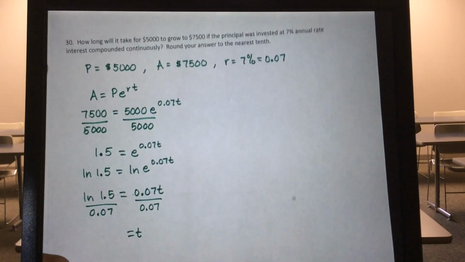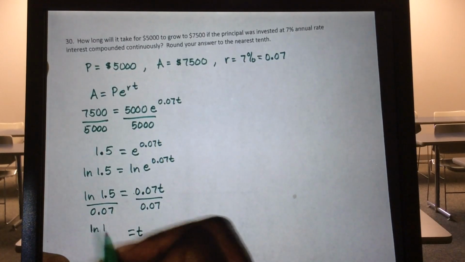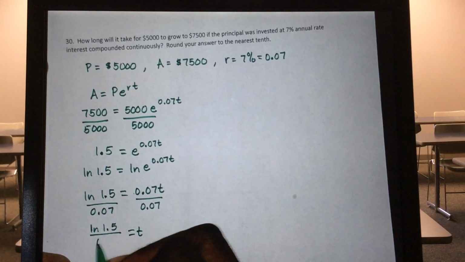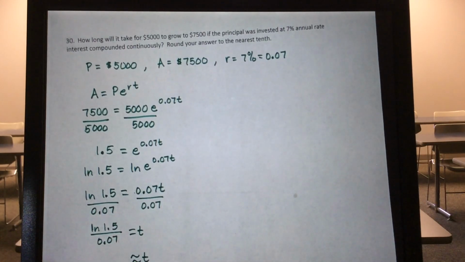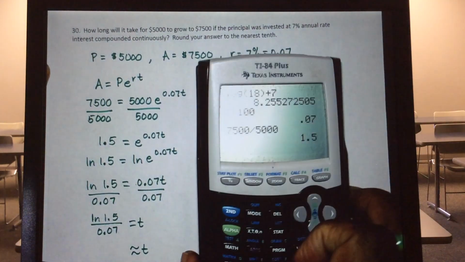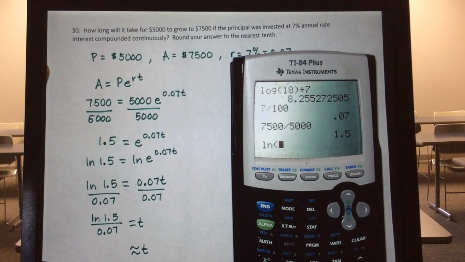So here t will be equal to, well, this is the actual value. But for the approximate value, which is what I'm looking for, we need to use our calculator. So here we're going to have ln 1.5, close parentheses, divided by 0.07, and then hit enter.